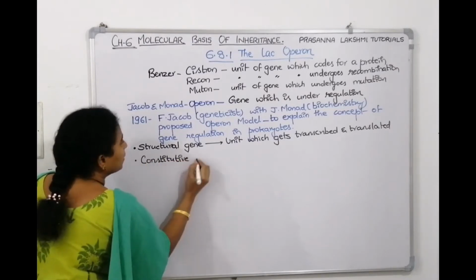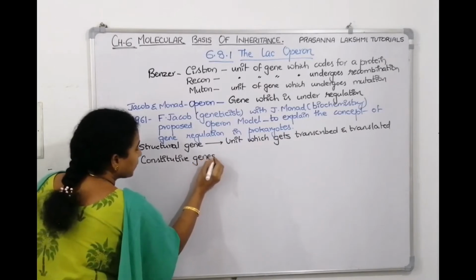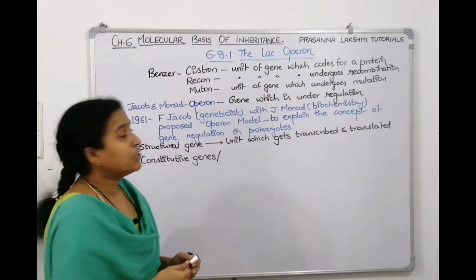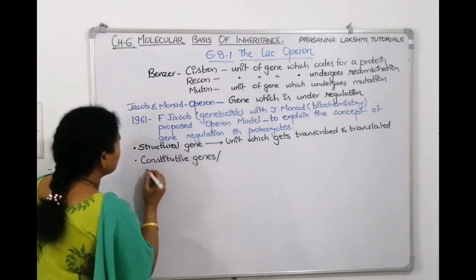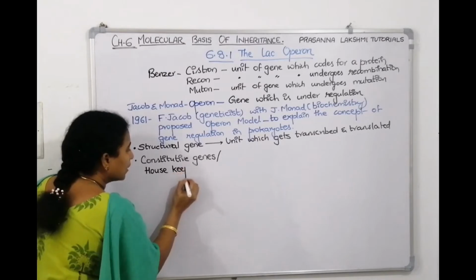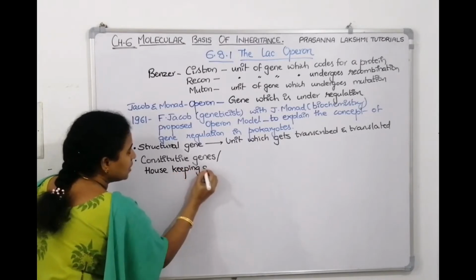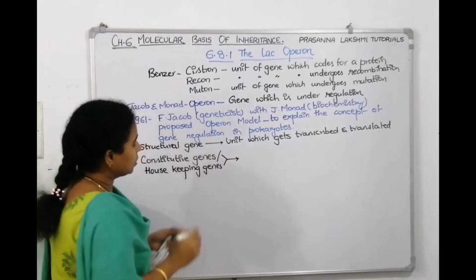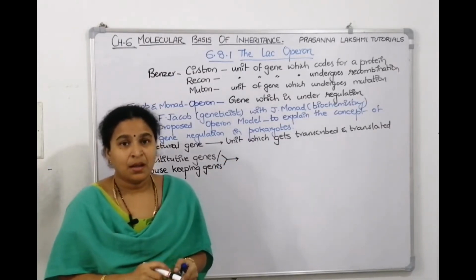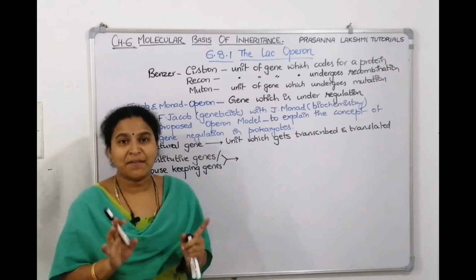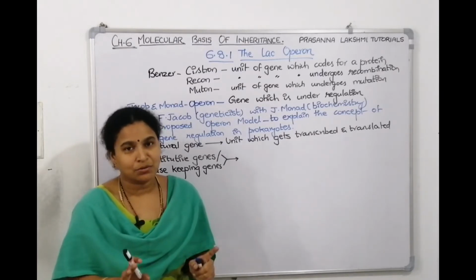Constitutive genes, children, are also called housekeeping genes. Now, what do you mean by housekeeping genes or constitutive genes? See, a housekeeper doesn't have Sundays, Mondays, they don't have holidays, every day they have to come, they have to maintain the house, right?